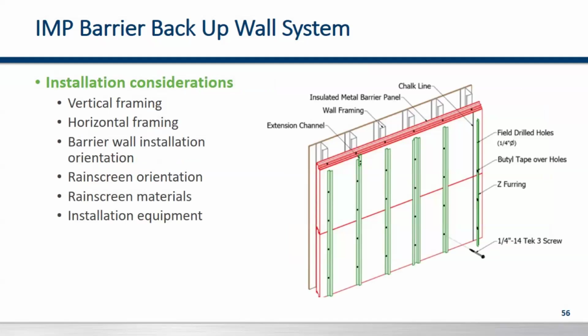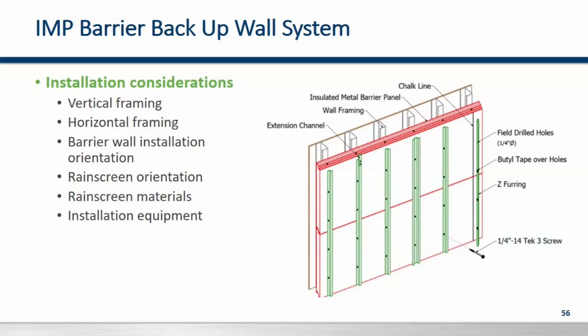Now, the design considerations. When looking to use a barrier backup system, you have to pre-plan a couple things. If the building's going to have, say, vertical main framing, so vertical studs there, the insulated metal panels would typically be installed horizontally. Now, IMPs can be installed bidirectionally, so vertical or horizontal installation is not a problem.